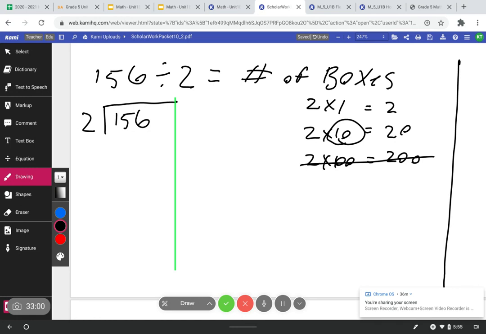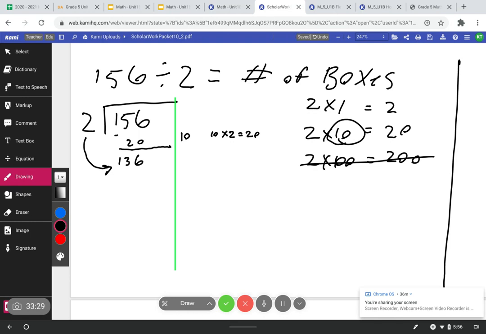So let's see what happens when I do that. So I do 10 groups, 10 times 2 equals 20. And I'm going to subtract that. Okay, so now I have 136. How many times does 2 go into 136?